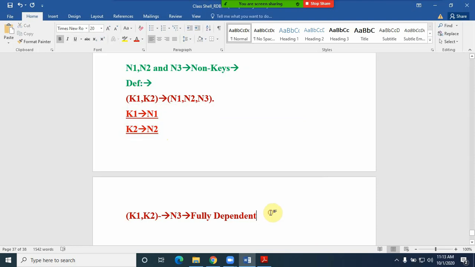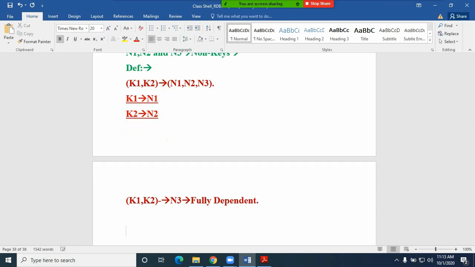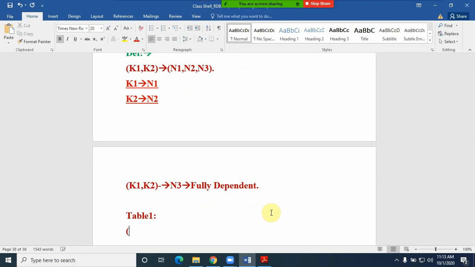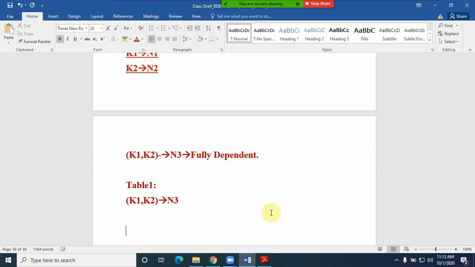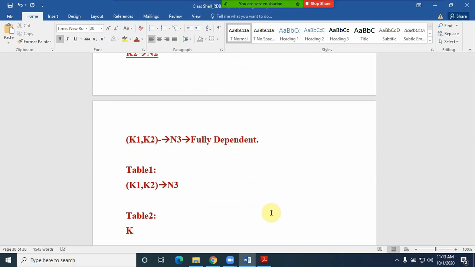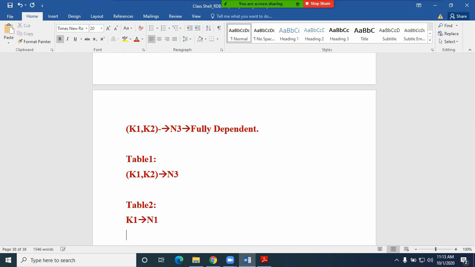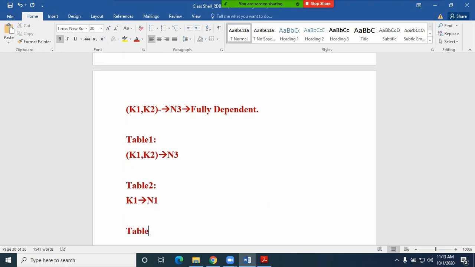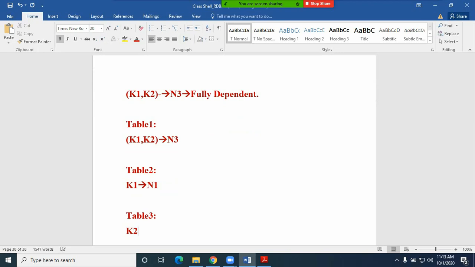Then what we should do is, let us see, we have to create three tables. First table is anyhow with K1, K2 and of course N3, anyhow we are having the complete thing. In table 2, K1 as a key determines N1 as another table. And in table 3 I am taking K2 and as well as N2.